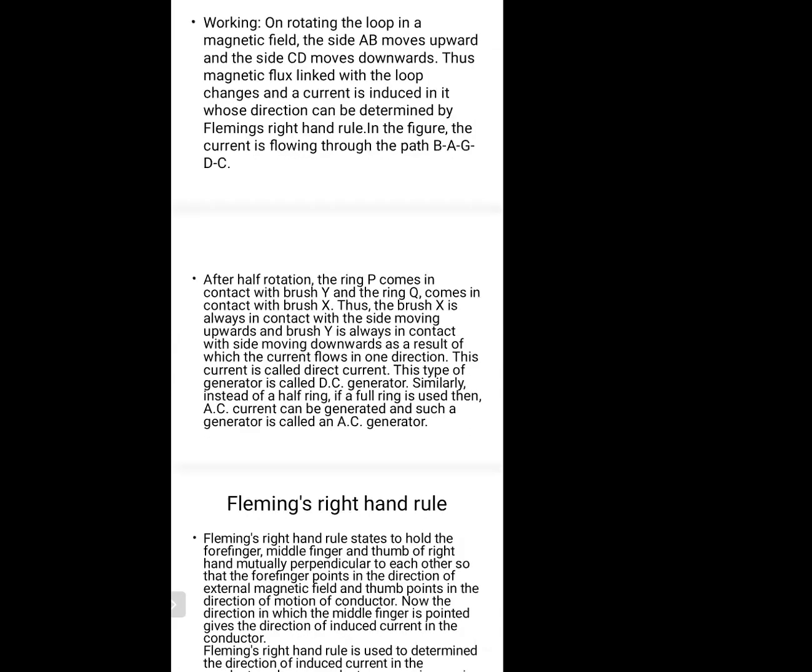Thus the magnetic flux linked with the loop changes and current is induced in it, whose direction can be determined by Fleming's right hand rule. In your previous class, you learned Fleming's left hand rule. Now it is Fleming's right hand rule. In the next slide we will learn it. Keep it aside for now, and we will see how the generator works.